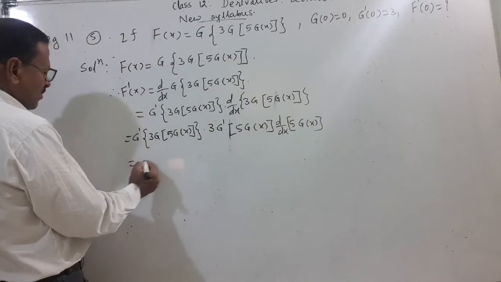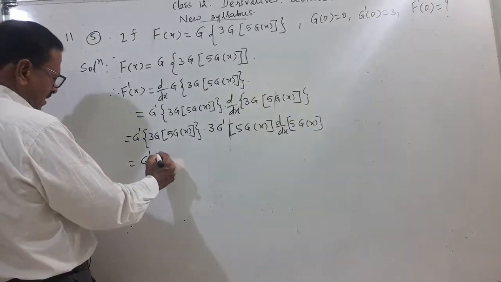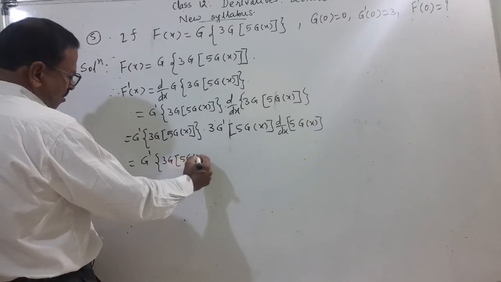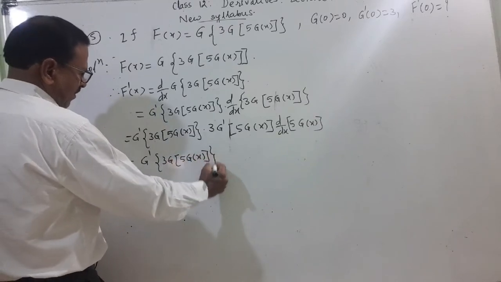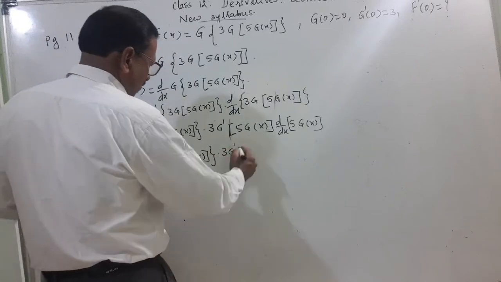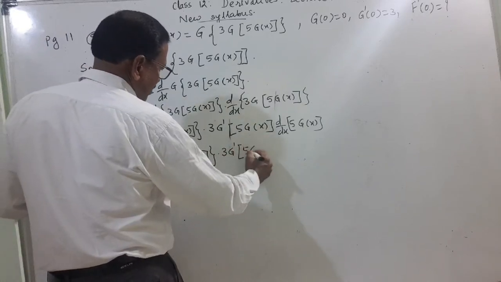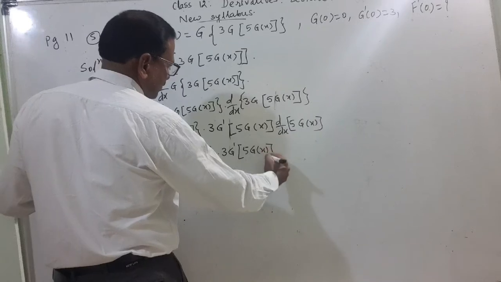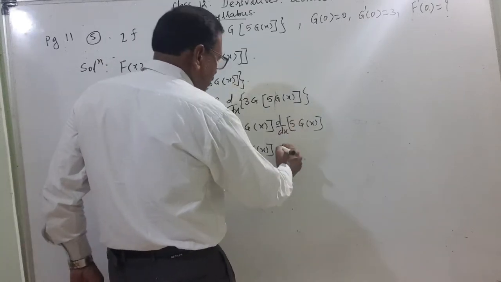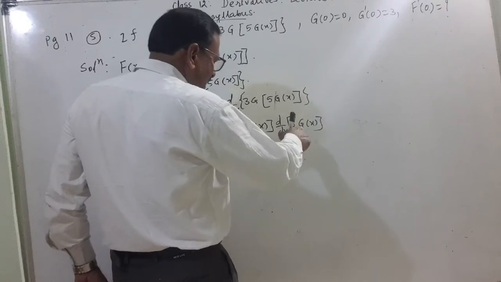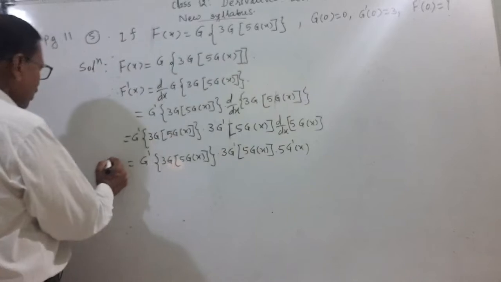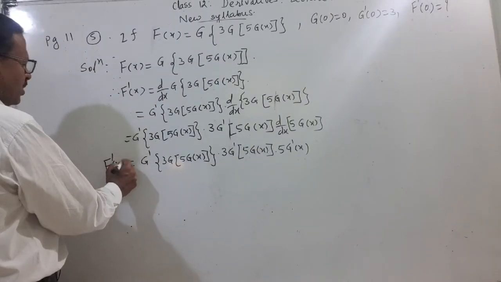That is equal to g dash of 3g of 5g of x into 3 into g dash of 5g of x into, again this is the coefficient so it stays as it is, and the derivative of g is g dash of x. Here our whole derivative portion is over.